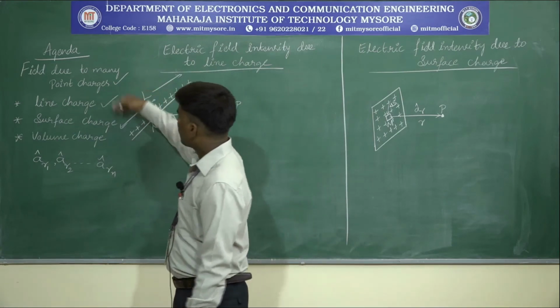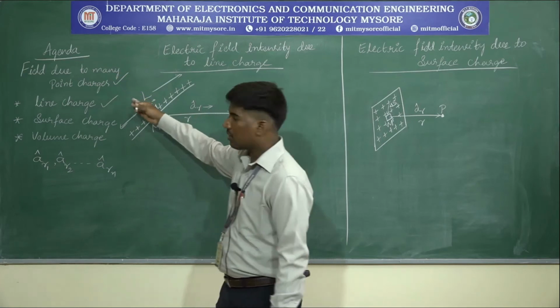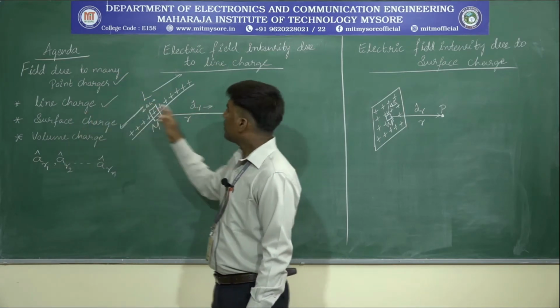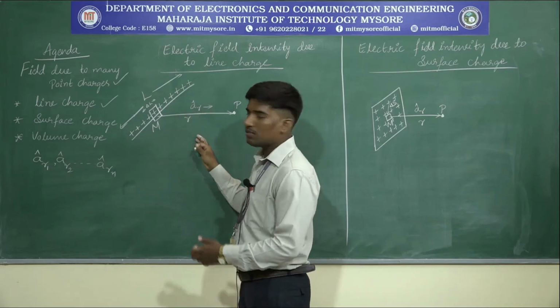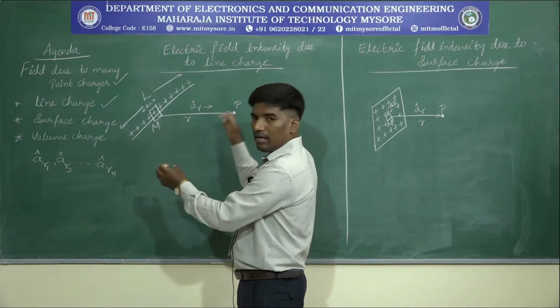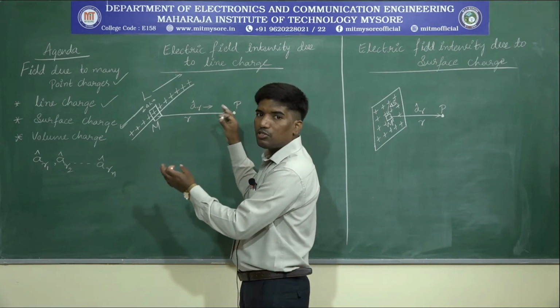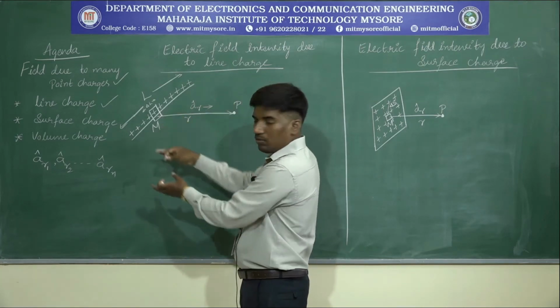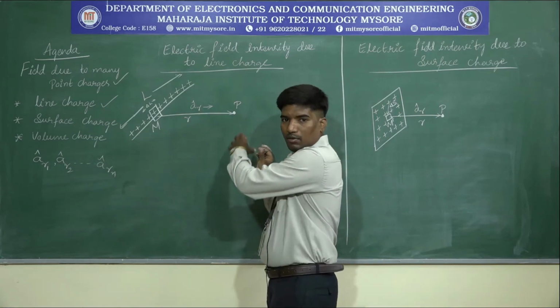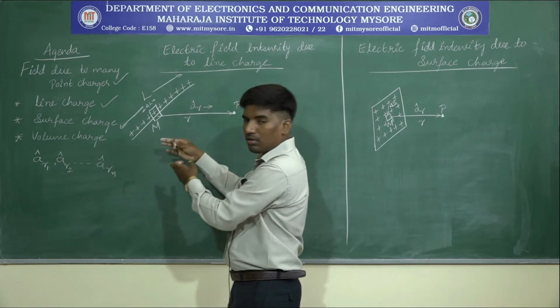Coming to the next topic. With the understanding of the previous one, field due to many point charges, let us move on to field due to line charge. In the previous case, what we have seen is that inside a finite area, the infinite number of point charges are distributed, and by using all those point charges we identified the electric field intensity at a given point P. But here the scenario is different.